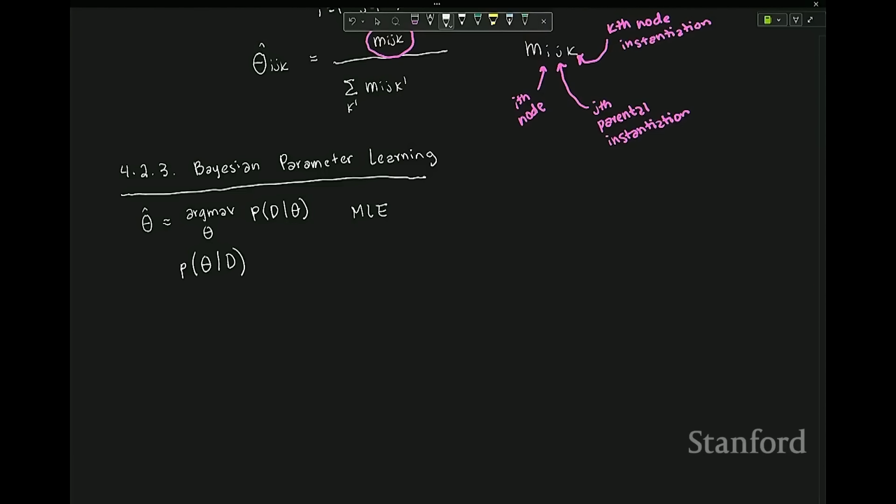So we're actually inferring a distribution here. And then to find our best parameters, we would say that optimal parameters theta hat maximize the likelihood of those parameters given the data set. And we also refer to this as a maximum a posteriori, or MAP estimate.